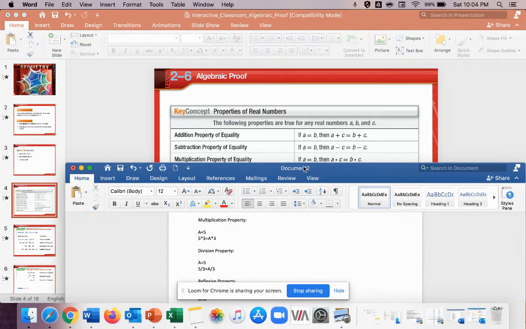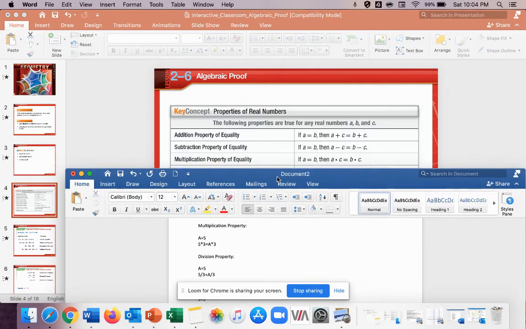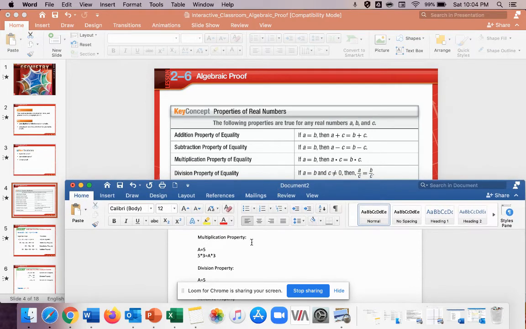If A equals B, then A times C equals B times C. So if A equals 5, 5 times 3 equals the same thing as A times 3. They're both going to equal 15. Next is the division property. If A equals B and C does not equal 0, then A divided by C equals B divided by C. In this case, A equals 5, so 5 divided by 3 equals A divided by 3. They're both going to equal about 1.67.